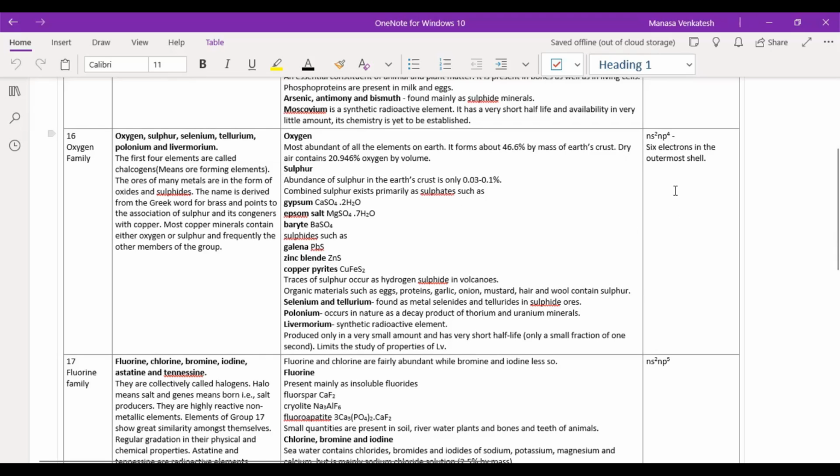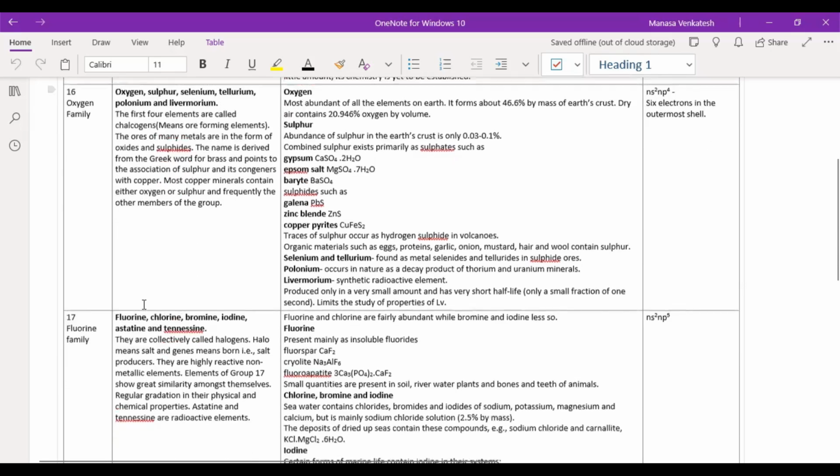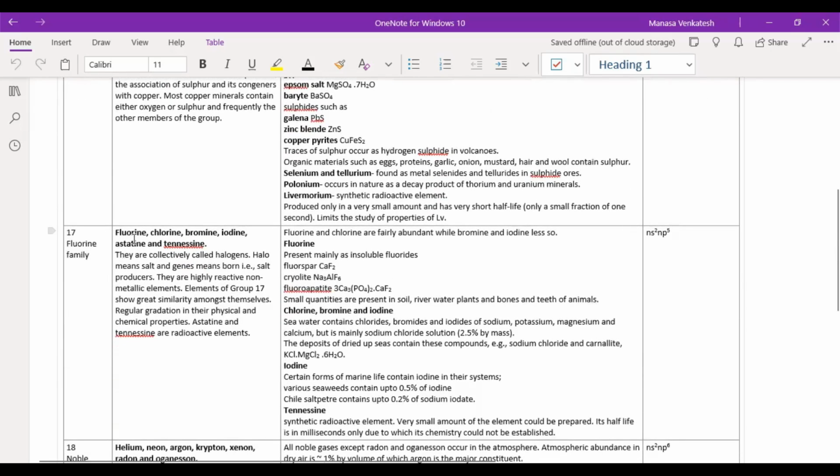They have the electronic configuration of ns2np4, and they have 6 electrons in their outermost shell. The next family is the halogens. They consist of fluorine, chlorine, bromine, iodine, astatine, and tennessine. And they basically form salts. They are on the right extreme of the periodic table, that is before the noble gases.